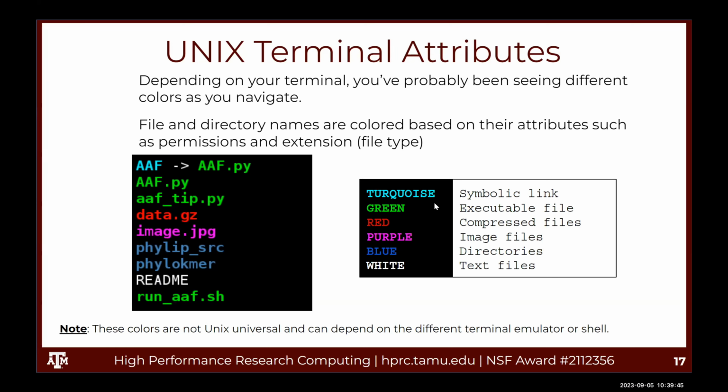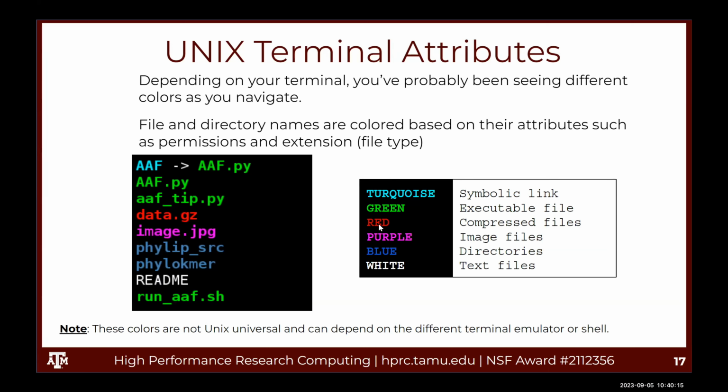Here, turquoise is the color used for symbolic links. If you know how programming works, it's like a pointer to a different file, or you can understand it as a shortcut, like the shortcuts on a desktop that point to an actual application. So that's how it works.